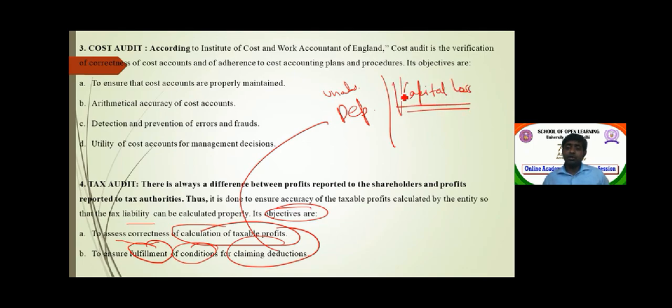You can only and only carry forward this capital loss in your income tax return in the next year if you have got your accounts and financial statements audited from the tax audit perspective. If the tax audit has not been conducted, then of course your data would not be reliable, and hence you won't be able to claim the deductions. All right.